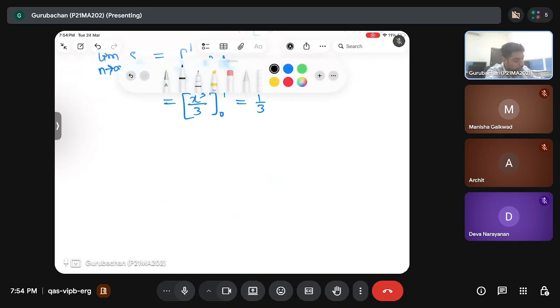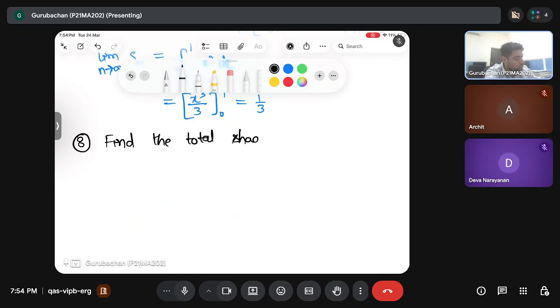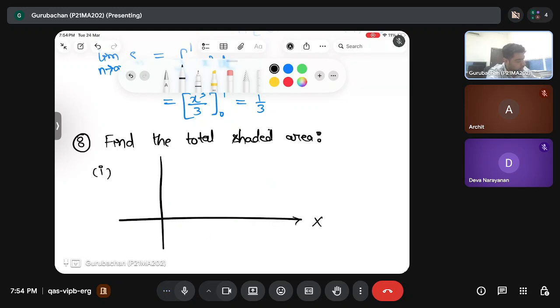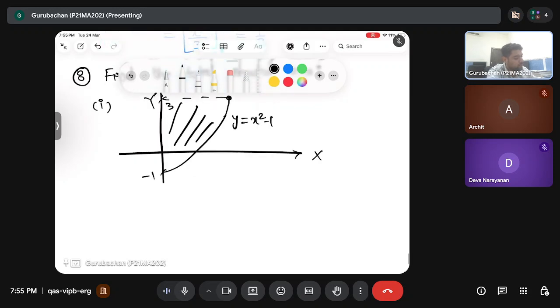So, quickly tell me the area. Find the total shaded area. The first one is x, y. This is your y equal to x square minus 1. This value is 3 and this value is minus 1. Quickly tell me this area with the help of definite integration.